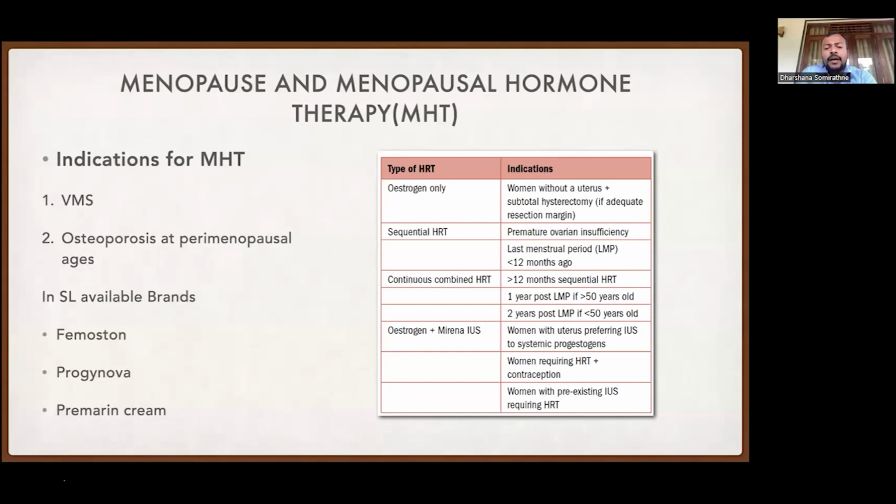Now, when it comes to hormone replacement therapy or menopausal hormone therapy, according to the main studies in the world, if you are really interested after this lecture, you can Google and search. The main study was the WHI, the Women's Health Initiative, done in 2002.